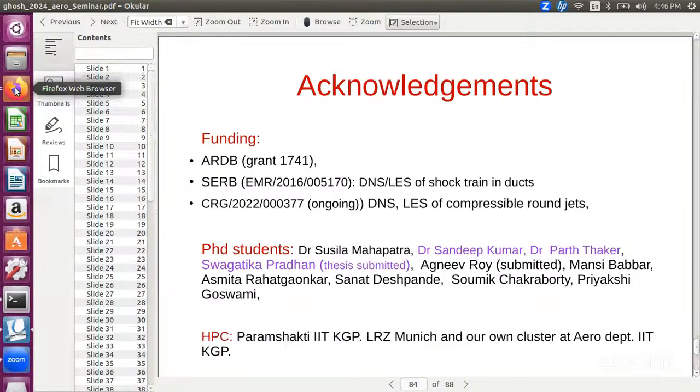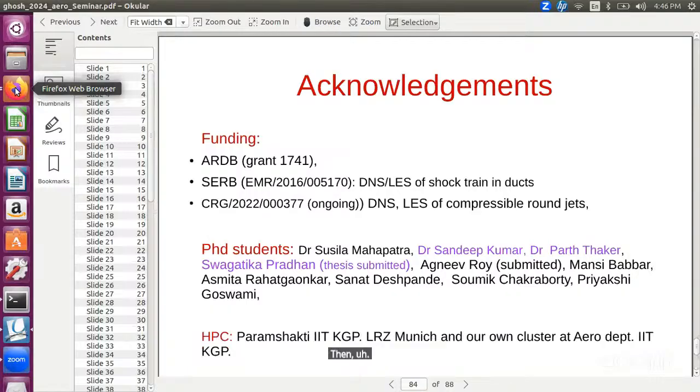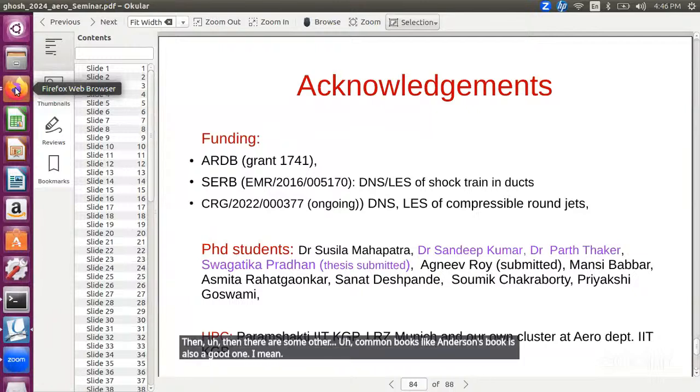Oh, okay. So it depends on whether you want to do finite volume simulations, because I have talked about finite difference based codes. Now, if you want to do finite volume simulations, then there are many books, like the Charles Hirsch book, and some other common books; Anderson's book is also a good one, the old one, but a good one.